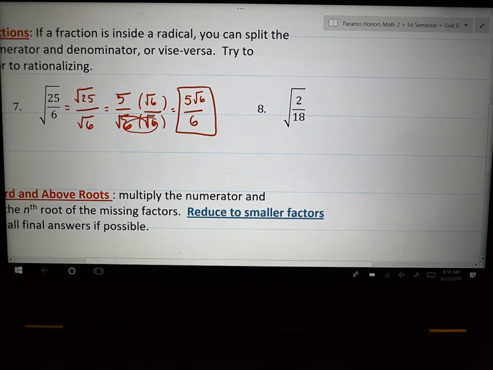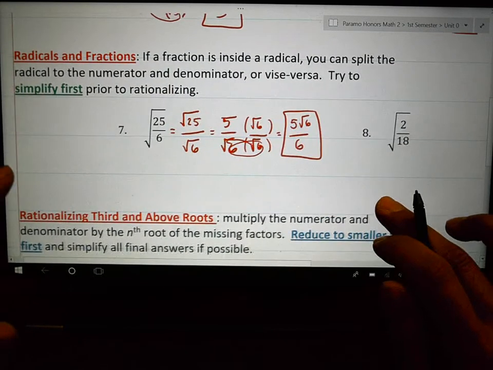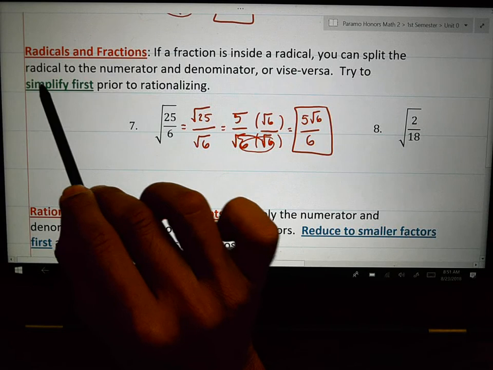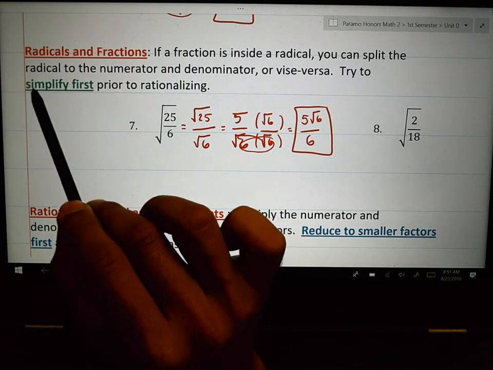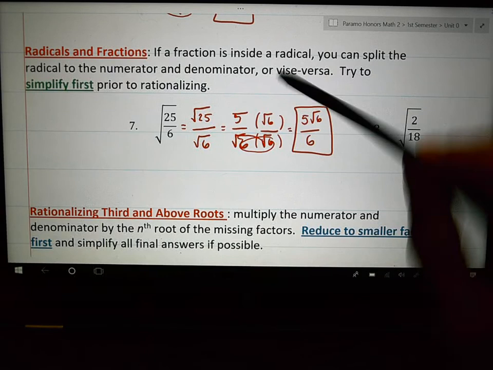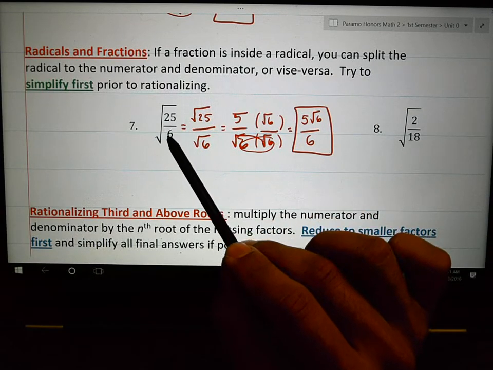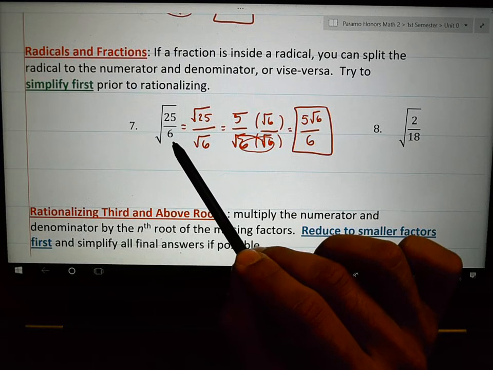Okay, here we go. Let's talk about something I wrote down, and I want you to know what it means. If you can ever simplify first, it makes your life easier. So before I even did number 8, remember what I asked you when we did number 7. I said, does 6 go into 25? And you said, no, it doesn't.